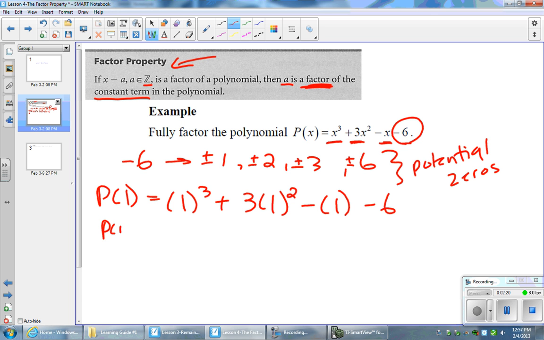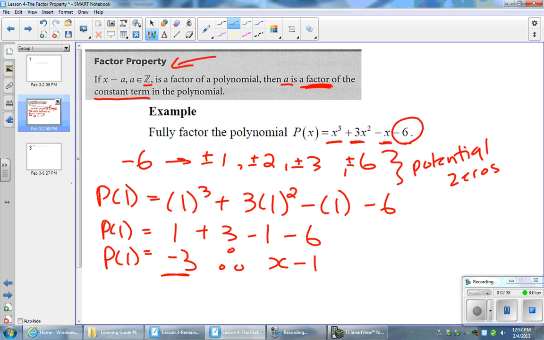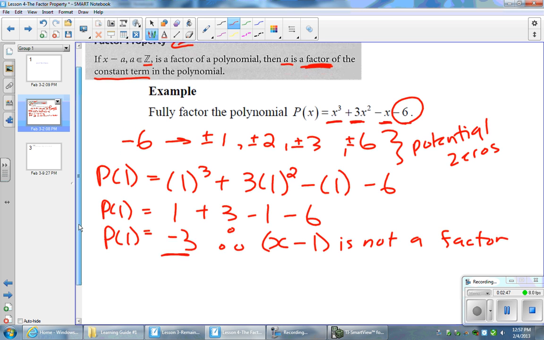So if I simplify further, I get a 1 plus a 3 minus a 1 minus a 6. If I add all these numbers together, I get a value of -3. So that is not a 0. That means, therefore, x minus 1 is not a factor. So this one didn't work out, but there's plenty more to choose from and to check.